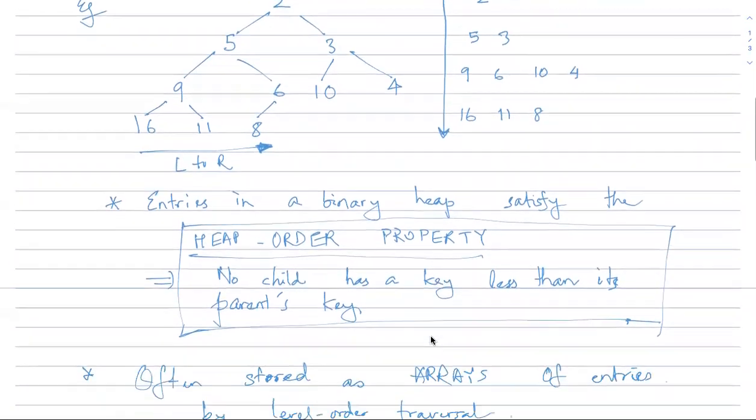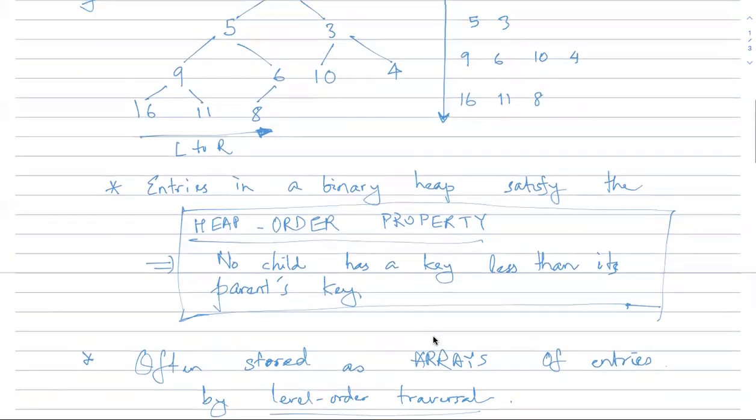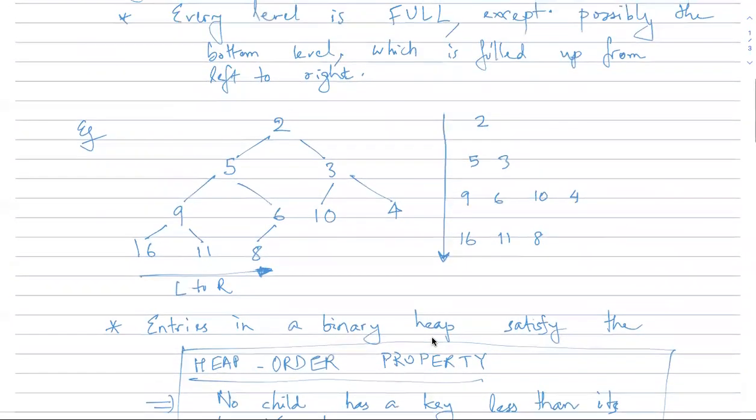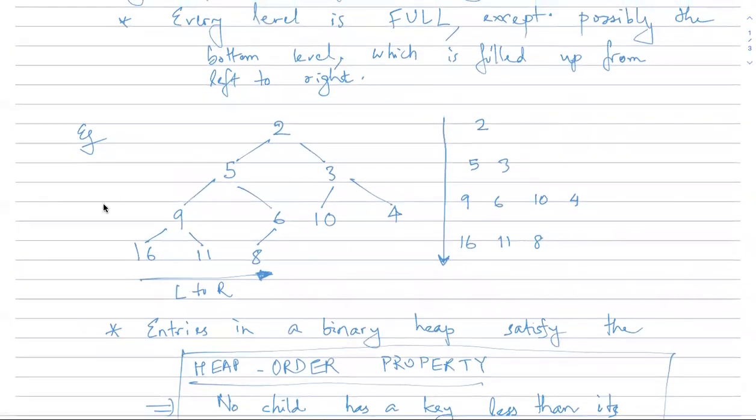So this is the most interesting aspect of a heap, that one can visualize a heap in the form of a tree, but the storage need not carry the notion of a tree.